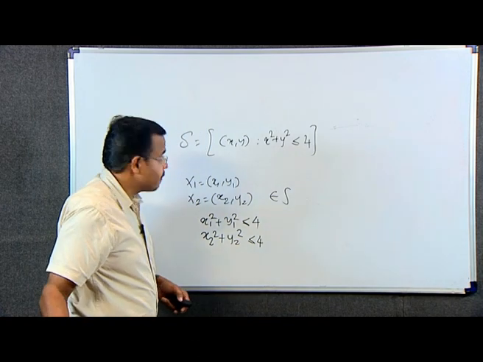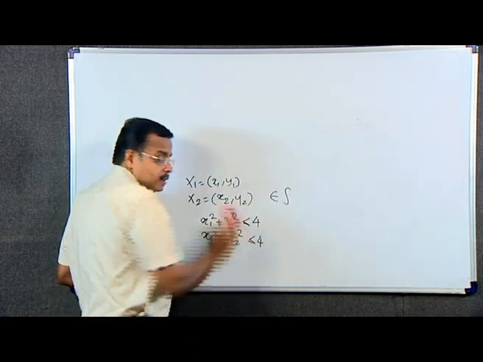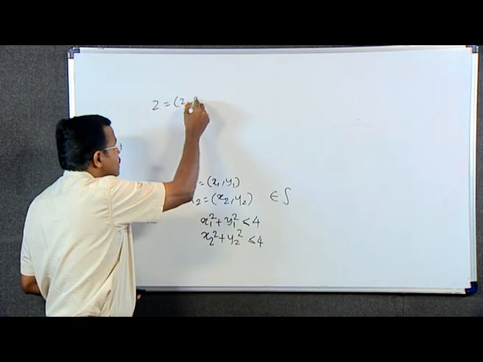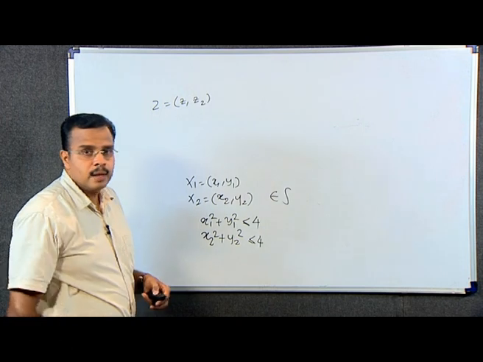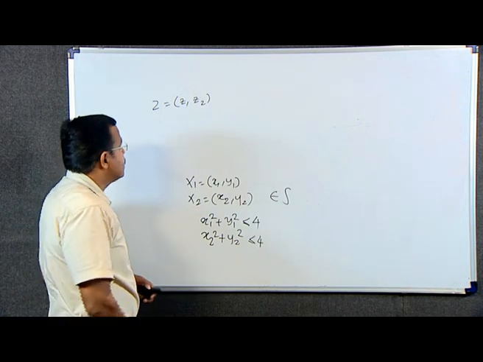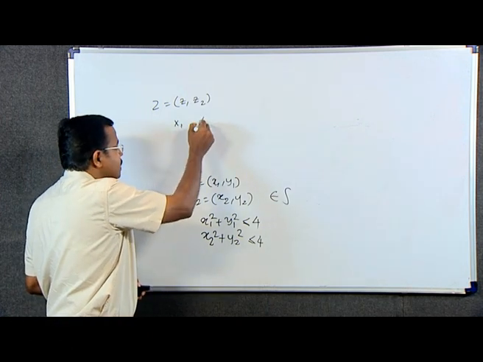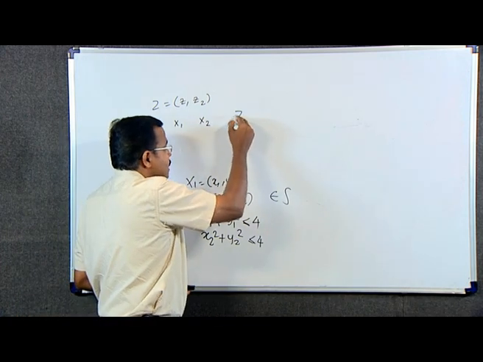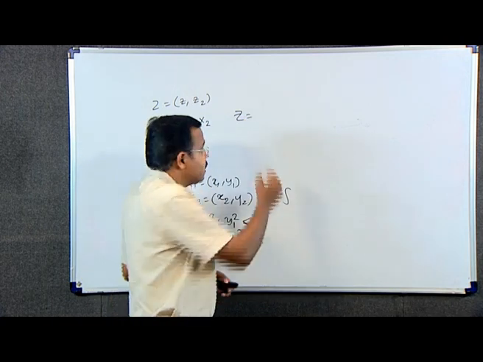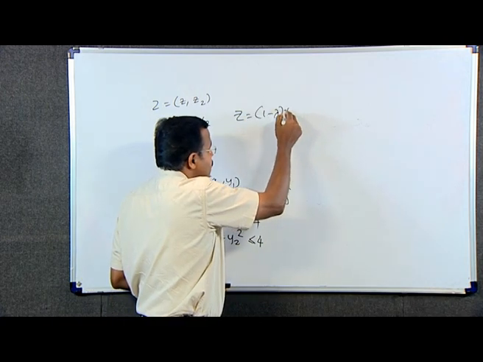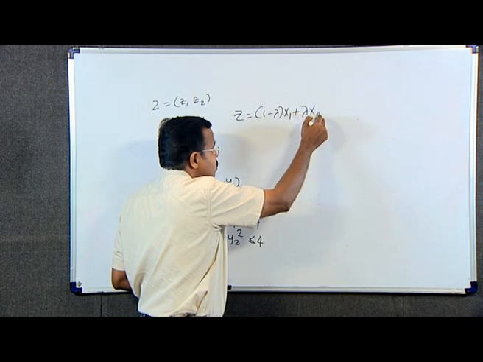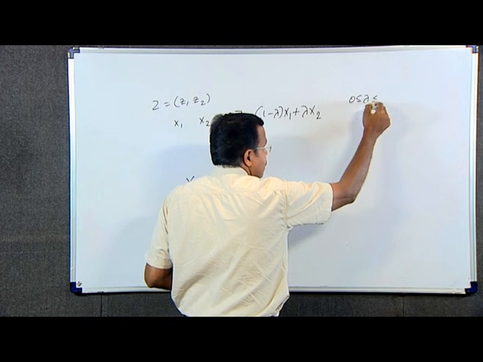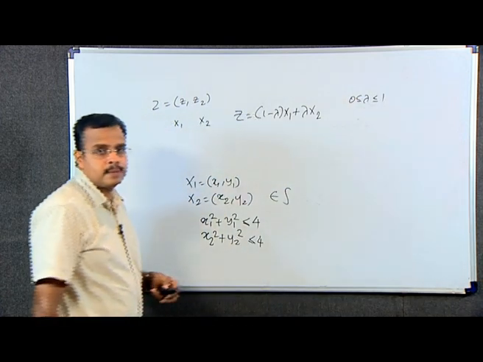Now, consider the point z, equal to the ordered pair (z1, z2), be a convex linear combination of x1 and x2, such that z is equal to (1 minus lambda) x1 plus lambda x2 for some 0 less than or equal to lambda less than or equal to 1.